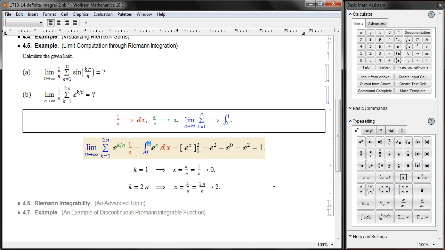And that makes a subtle difference here. Here we had just n, so if k stops at n, then you get n over n, that goes to 1, and we had 1 over here. That is not the case here. I'm going to 2n, so we have to make appropriate adjustment. That goes to 2, and we need 2 over there.